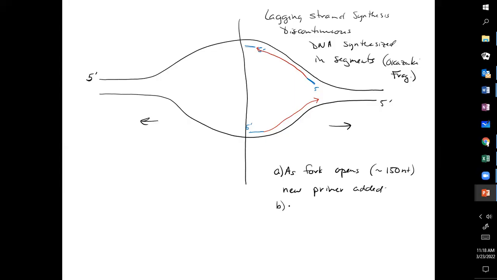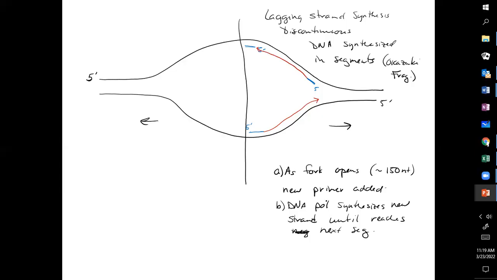DNA polymerase 3 comes in and then extends the primer. So it synthesizes the new strand until the previous segment is reached.